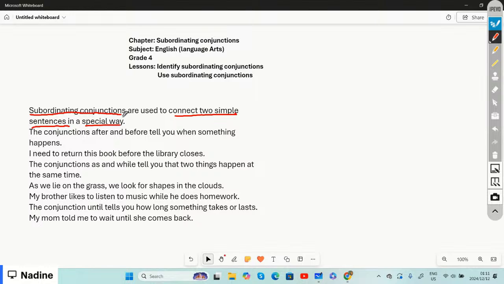And also, when it comes to subordinating conjunctions, the conjunctions after and before tell you when something happens.